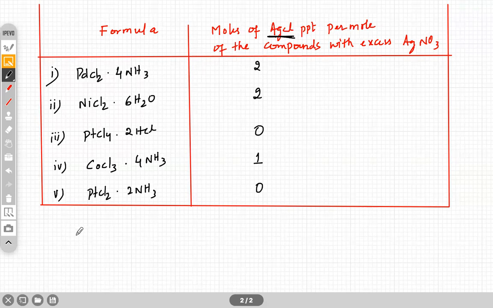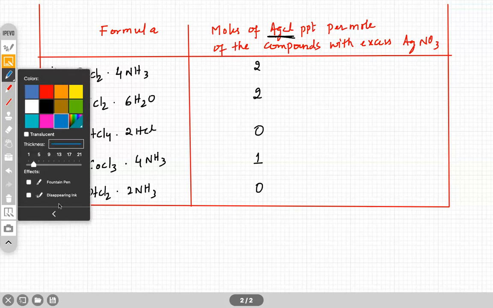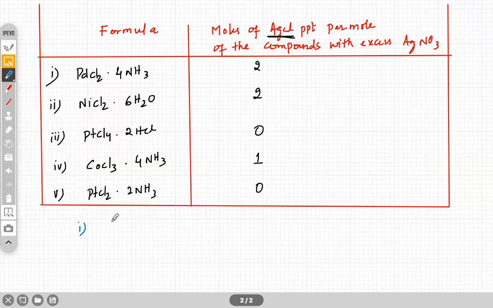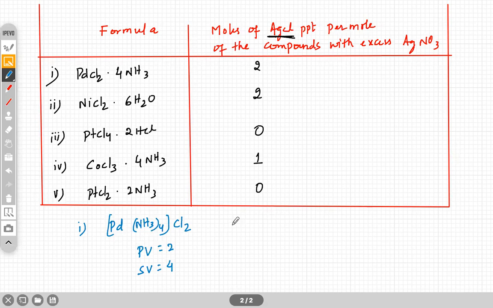Hence the formula for the first one should be palladium as the metal, NH3 4, and then Cl2 outside. The primary valency is 2, the oxidation state, and the secondary valency is 4, that is the coordination number. The number of ionizable chlorine atoms is 2.